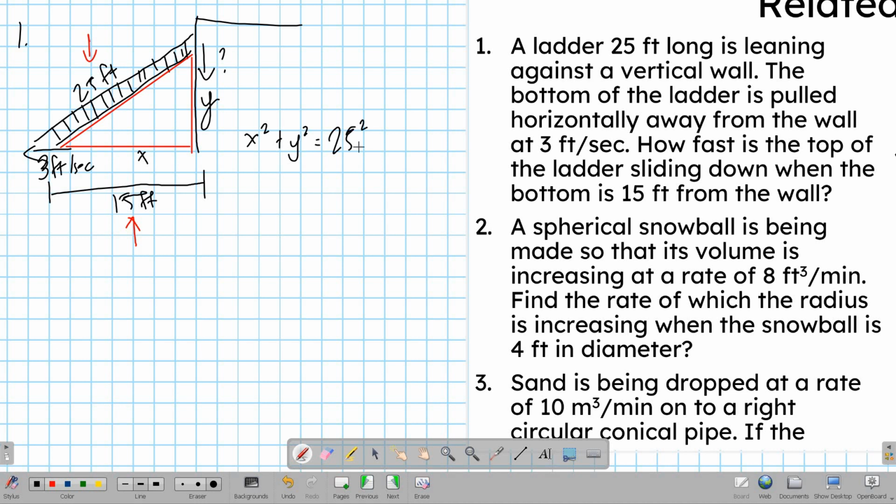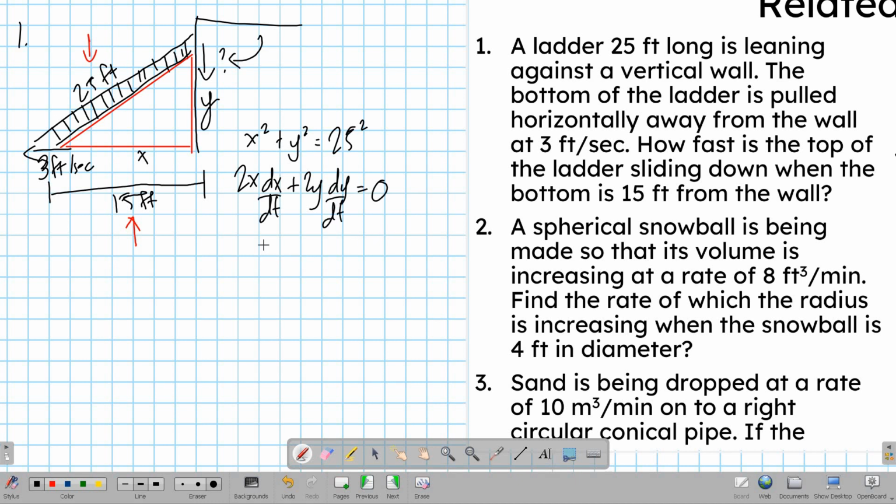So if we want to figure out how fast this is going in terms of time, we need to differentiate this equation in terms of time. Differentiating, we have 2x dx over dt plus 2y dy over dt is equal to 0.